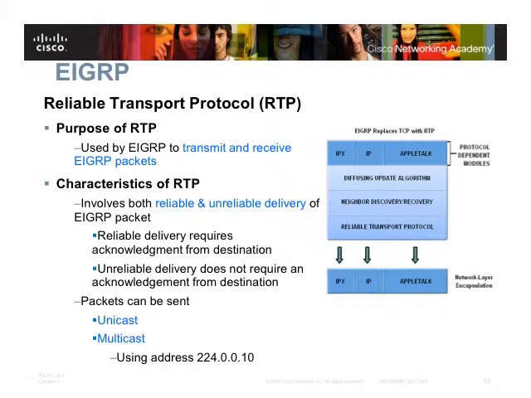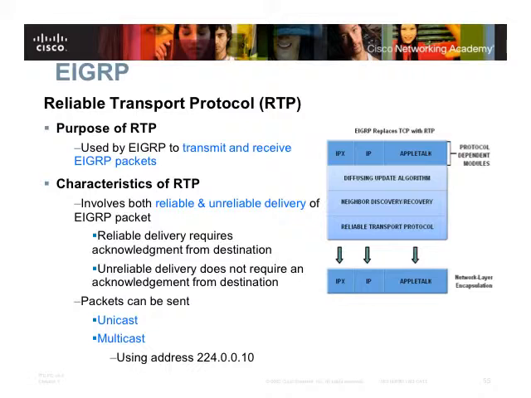As we said, EIGRP uses its own transport layer protocol, which is called Reliable Transport Protocol. It replaces TCP and UDP, so there is no support for TCP or UDP here.